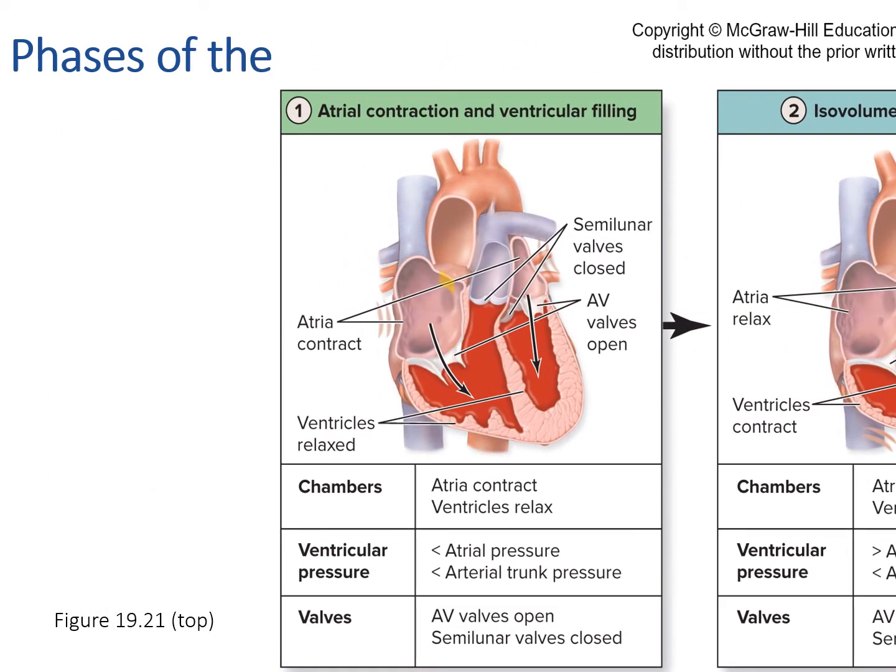Here, the atria have already emptied. Now, they don't empty 100%, so this is a little bit false. But anyways, when they empty, that means the P wave has already been there and done that squeezing. So at this point, the QRS is about to do its work.